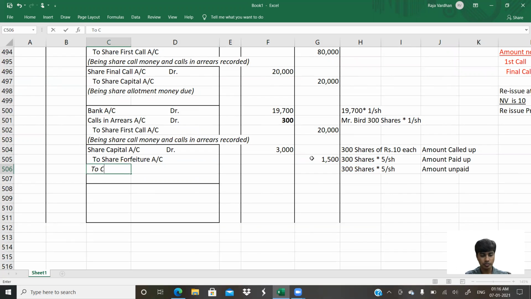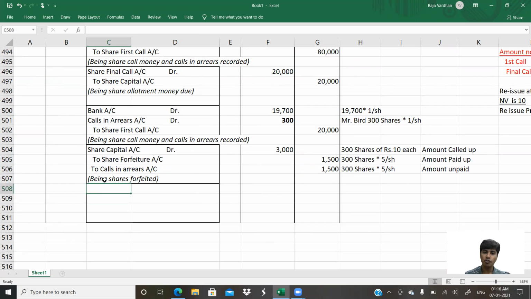Call in arrears. 1500 will go to call in arrears. Being shares forfeited. You can write it a little longer. You can write being shares forfeited for failure to pay first and final call money. You can write that if you want, but I am keeping it simple.